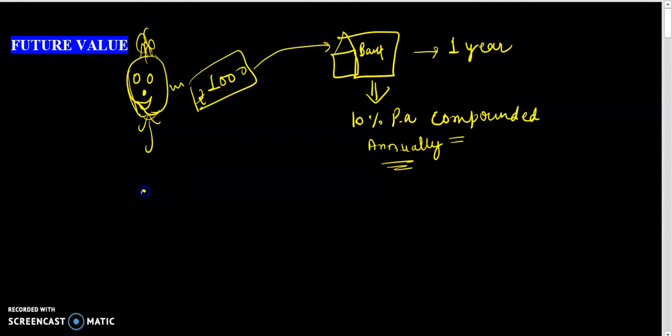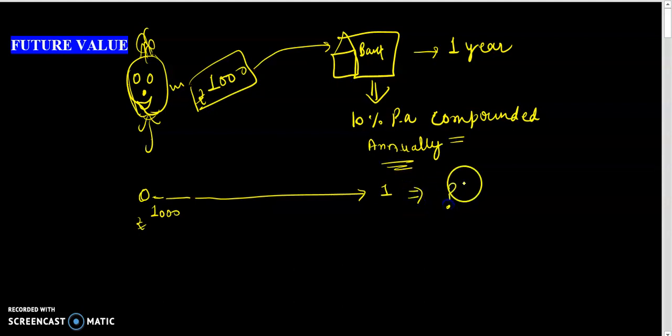So, Mr. A placed deposit at the time of zero of rupees 1000 in the bank, which is paying 10% on the deposit. So, after a year, how much Mr. A will receive? This amount is the future value of the current deposit of rupees 1000. Now it's very simple to calculate after a year.